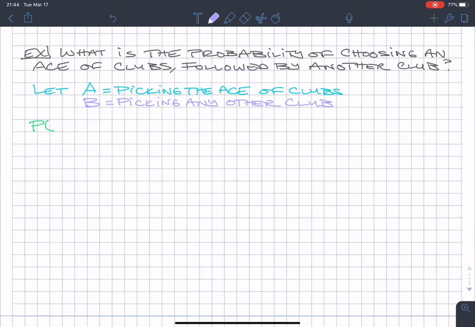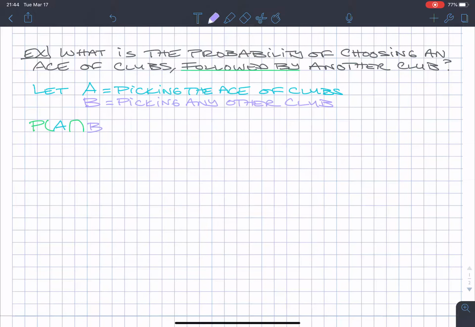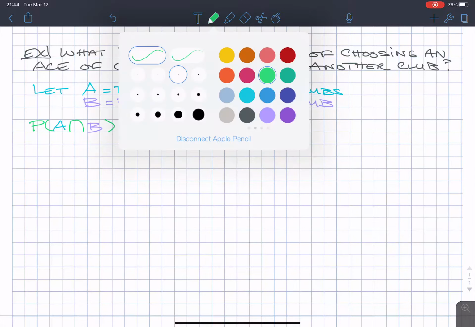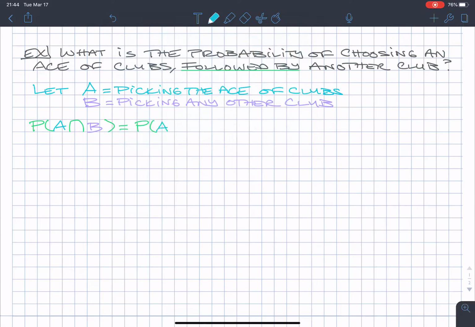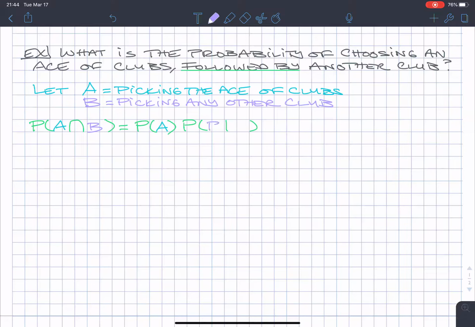So the probability of A and then B. I claim that that will be the probability of A times the probability of B given that A has already occurred. So the probability of B in purple given that A has occurred. So I want the probability of A and then B, right?